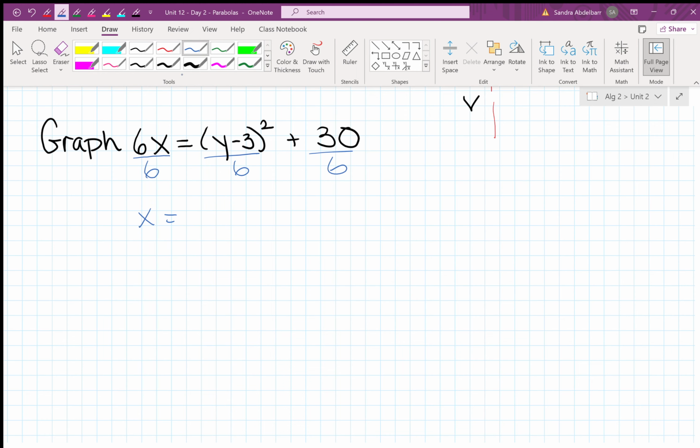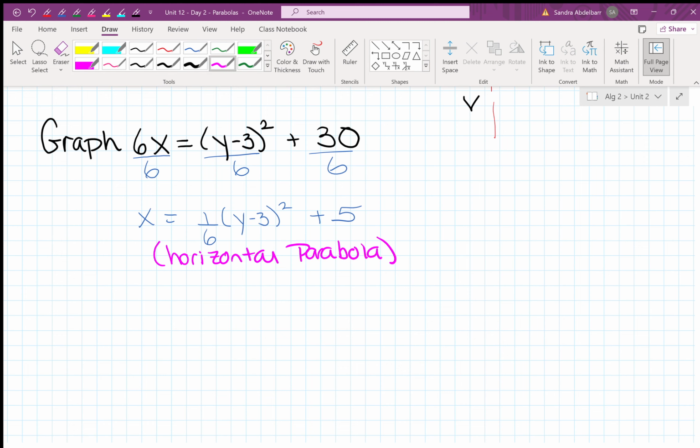So we're going to pull that out as a 1/6 times the quantity of y minus 3 squared plus 5. All right, can someone tell me, how do we know this is a horizontal parabola and not a vertical parabola? Good, because it's x equals, it's not y equals. So this is a horizontal parabola. And because it's a horizontal parabola, it should be x equals a times the quantity of y minus k squared plus h.